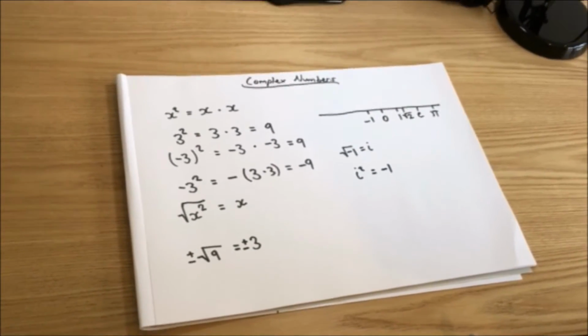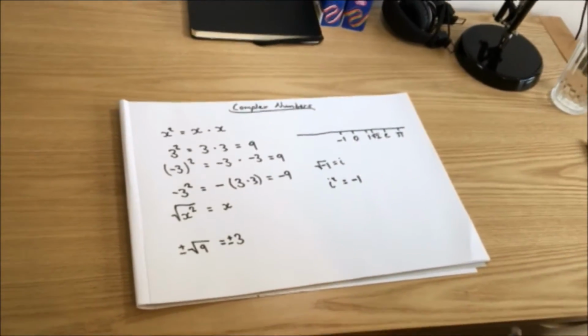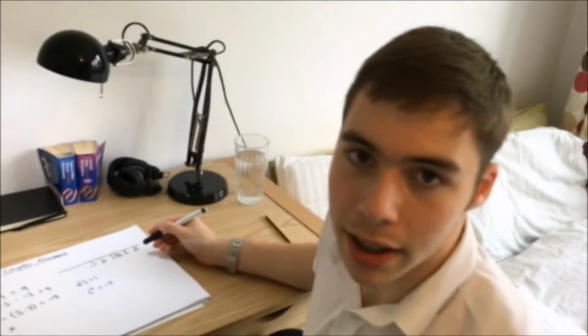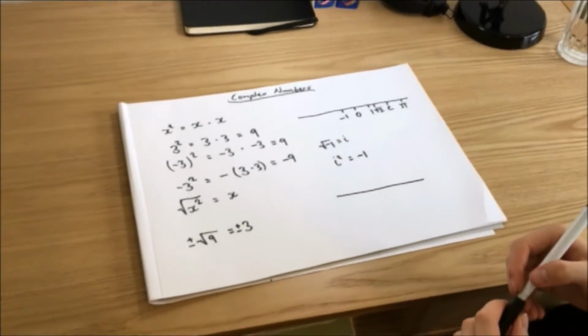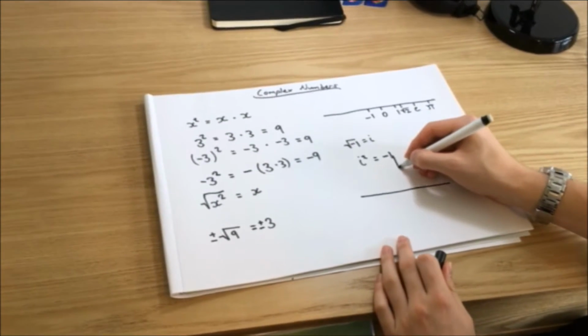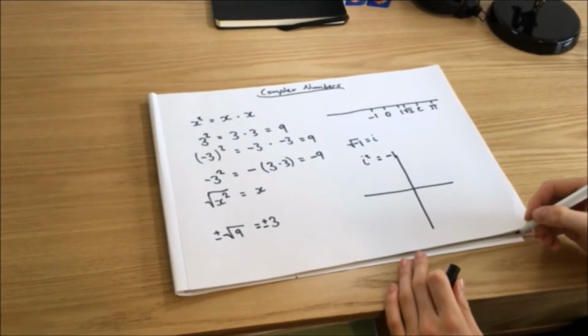We're essentially creating a new number. But if this number doesn't fit anywhere on the number line, how are we supposed to represent it graphically? And that's where the complex number plane comes in. As well as having our real number line here, we also have another axis.